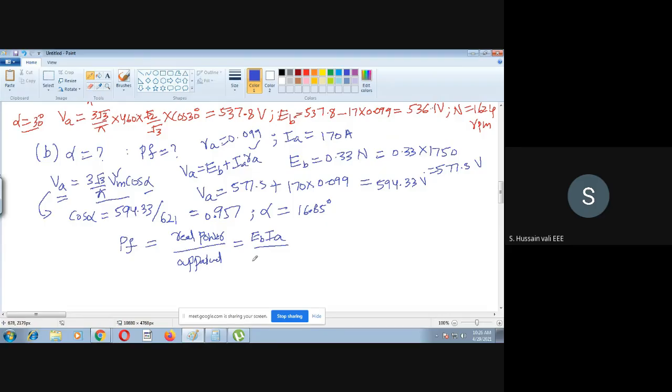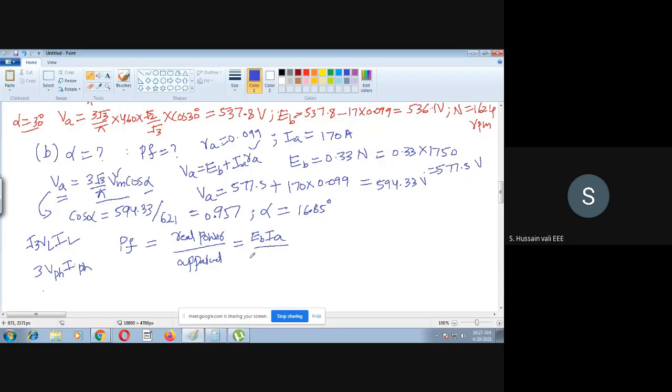If you recall the apparent power of a three phase system, several formulas are there. I will say root 3 VL IL is one formula, that is apparent power. There is another formula, 3 V phase into I phase. Any one formula we will use here, and using that we'll find this.